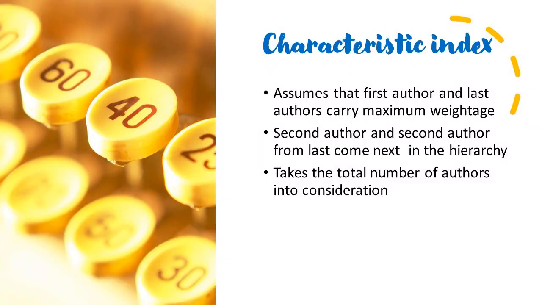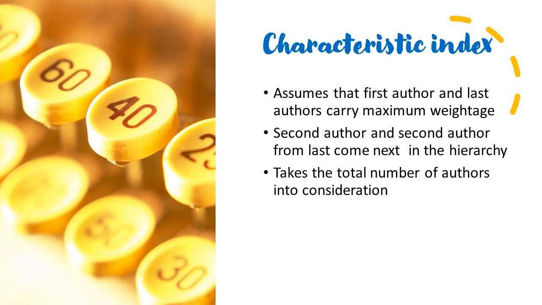Coming to something called characteristic index. In this case, this assumes that the first author and the last author, they carry maximum weightage, right? Especially in biomedical literature. First author is the one who has done maximum work. Last author is the one who has communicated the article, usually the corresponding author or the supervisor or guide of the student, right?